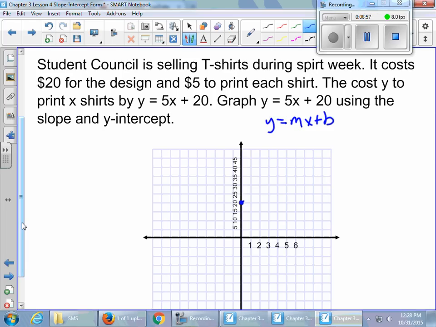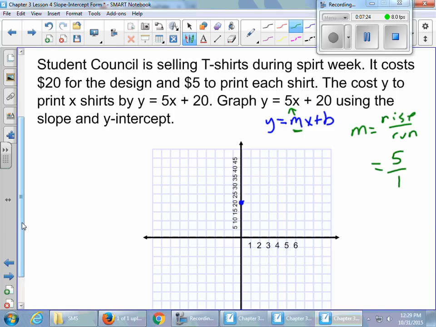What is our slope? Our slope is m. What is m in our equation? 5. Remember, slope tells us our m equals our rise over our run, so it equals 5 over 1. 5 over 1 is 5. So every time we go up 5, we go over 1.